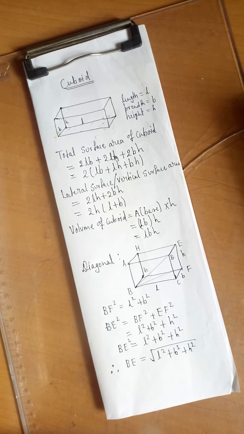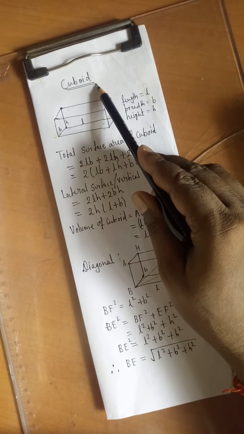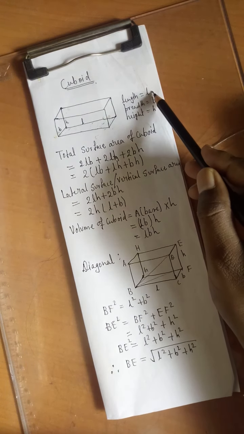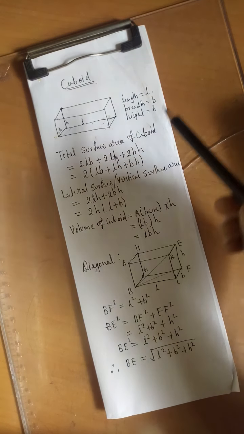So let's quickly revise what we have discussed in this video. We have discussed all related concepts to cuboid, right? Where L is the length of cuboid, B is the breadth of cuboid, H is the height of cuboid. We have discussed total surface area of cuboid, which comes to be 2(LB plus LH plus BH).